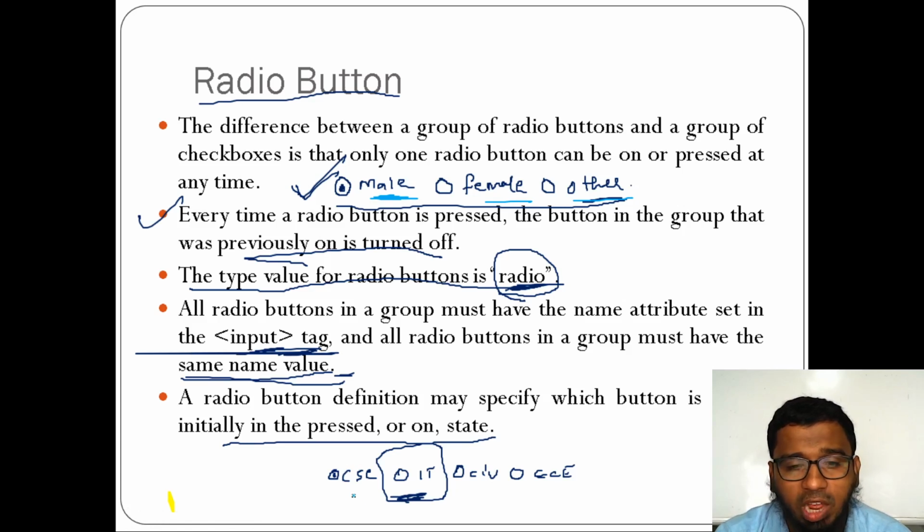Or if you go to engineering colleges, you will find forms with options like CSE, IT, civil, EC. Any one of these options you must select; you cannot select multiple options. At that time the radio button is used.